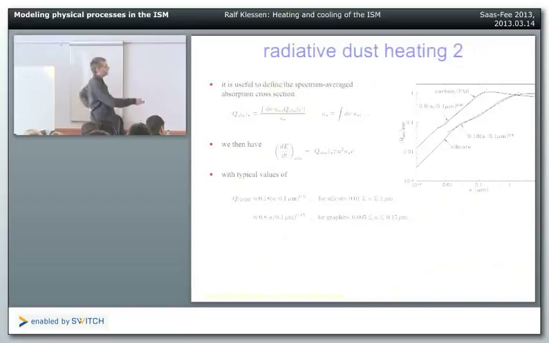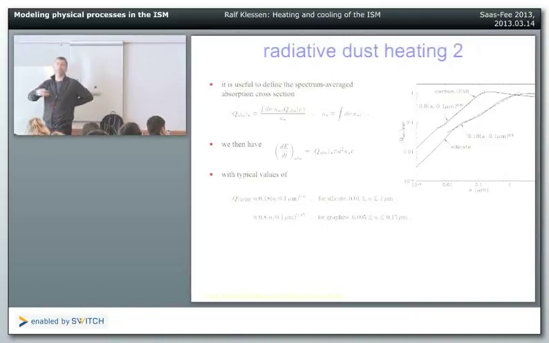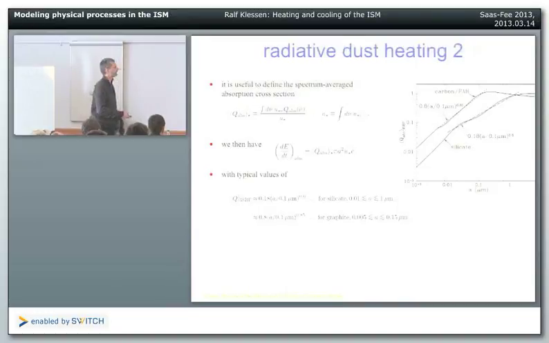Good. So what is now the size distribution? The larger your grains, the more efficient the absorption is. However, typically you're dominated by small grains, but they are much more abundant than the big grains. So this is why typically the opacities are dominated more by the smaller scales.